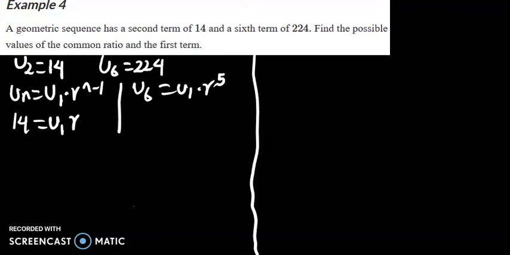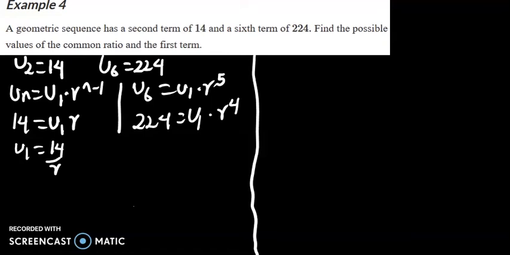If this is 6, this is 5, this is 3, this is 2, so 224 is u1 times r to the power 4. So u1 is 14 divided by r.